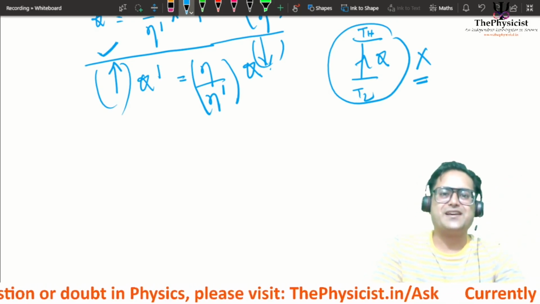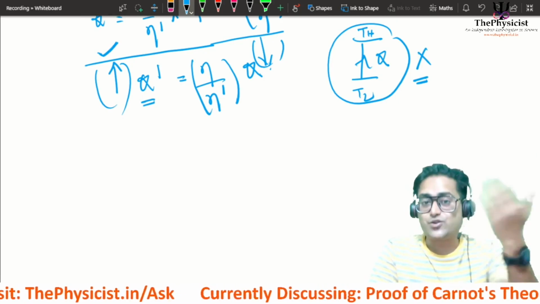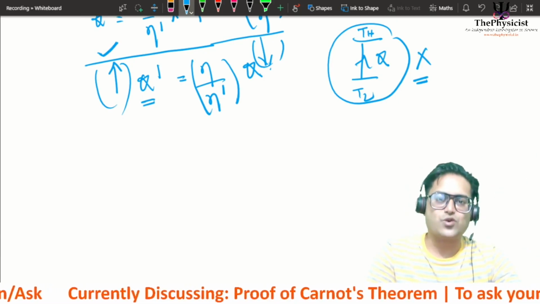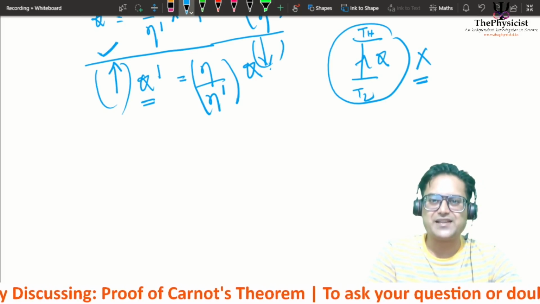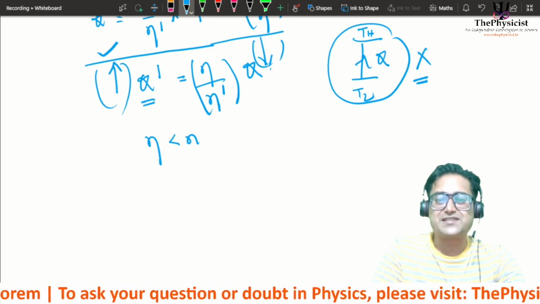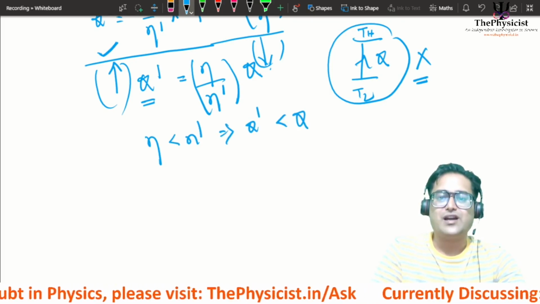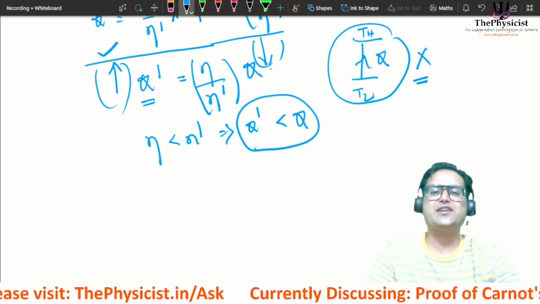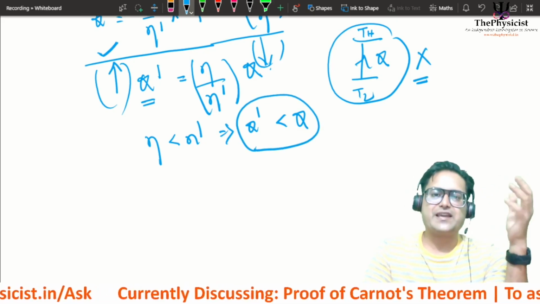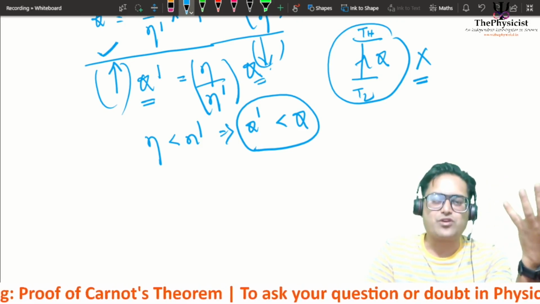So understand here, the heat that you are supplying back to the source is eta by eta dash into Q. Now if eta is less than eta dash, then definitely Q dash is less than Q, and you are okay with it, right? Basically you are taking Q amount of heat, and while returning you are returning less heat.